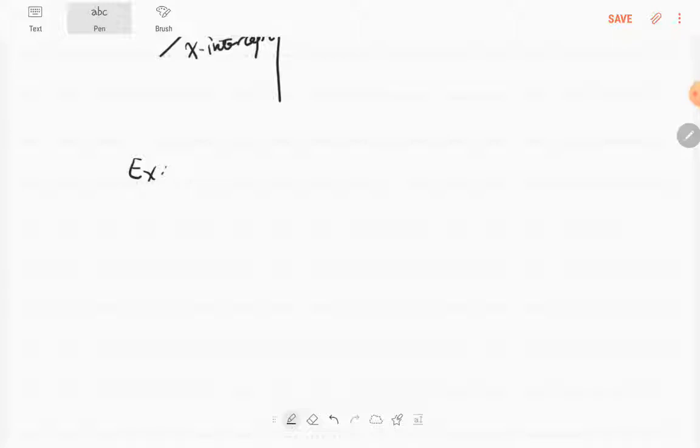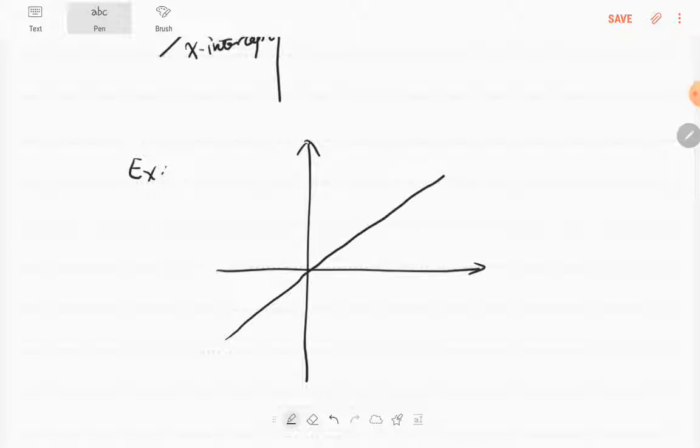For example, this time we have another line, and this line is kind of special. It goes through the origin.